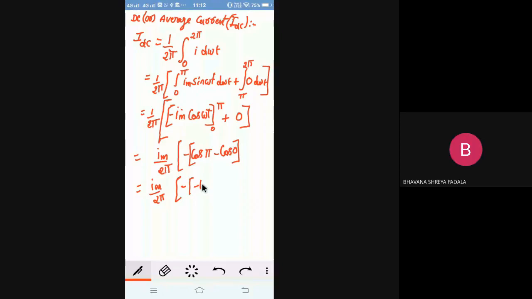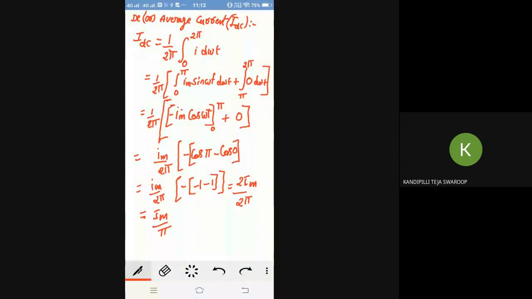So this becomes minus 2, and minus of minus 2 is 2. So what is 2 I_m by 2pi? I_m by pi. So the DC current, or average current, of a rectifier is nothing but I_m by pi.